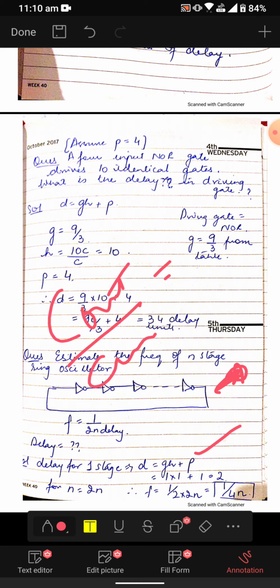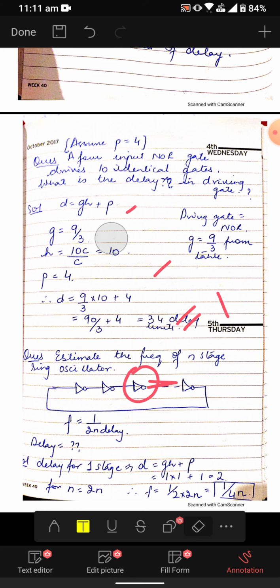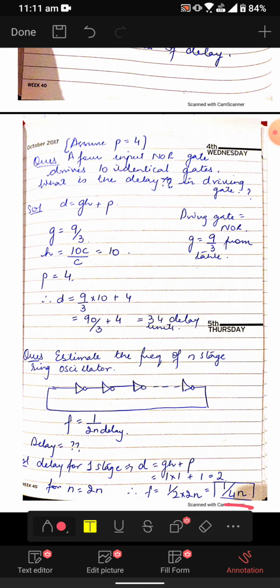At the output of any gate you take, only one gate is connected, right? It drives only one gate. So C out will be C by C, which is equivalent to 1. Fine. So H will be equal to 1. G for an inverter is also equal to 1. So you substitute the values and you will get the frequency equal to 1 by 4n.